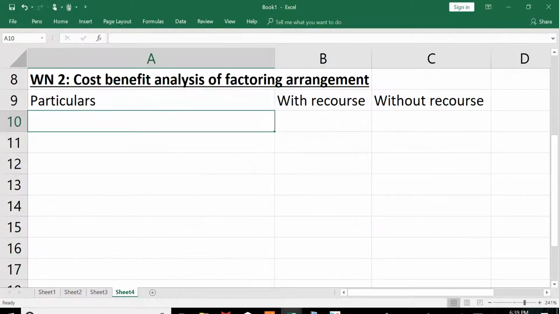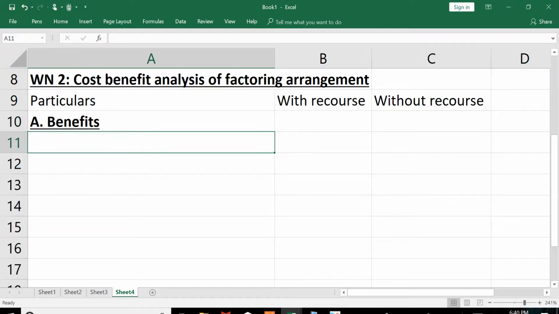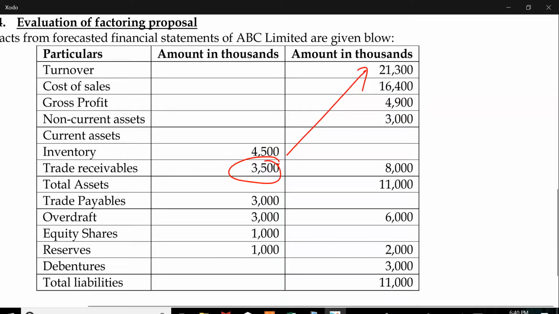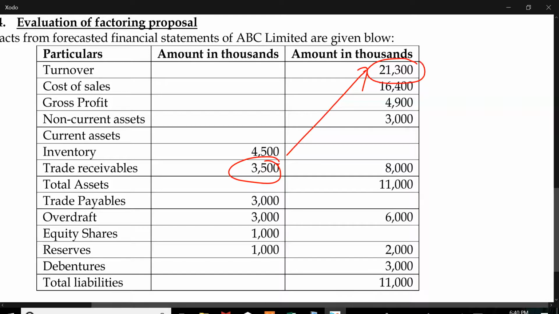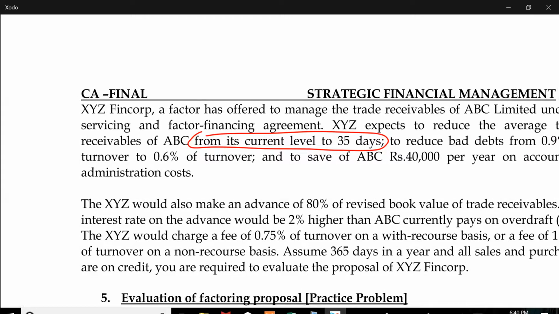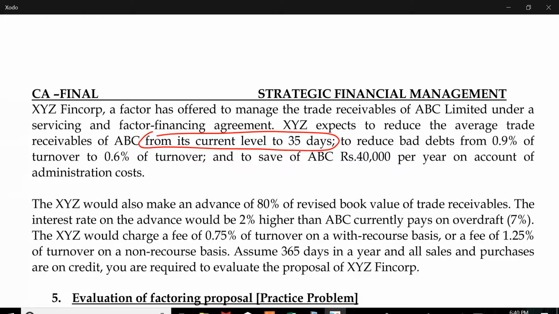Working capital, A, benefits. Savings in bad debt. This number is 21,300. If it's with recourse, you save 0.3%. How 0.3%? From 0.9 it will anyway come down to 0.6.